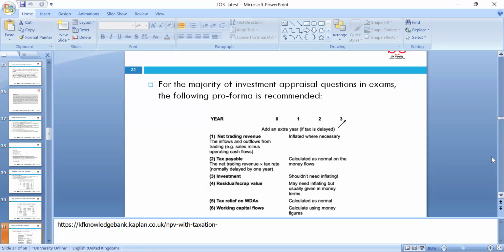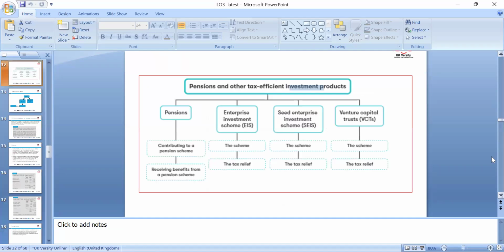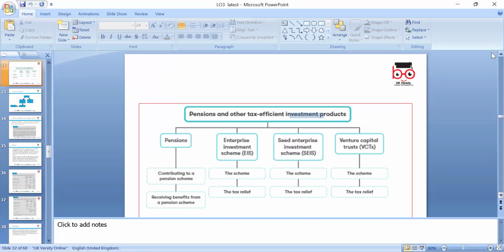So when we have the net trading revenue, inflows and outflows from the trading sales minus operating cash flows and taxable payables, we can look at the investment tax relief, the written down allowance, and any extras we need to plan for planning purposes. Okay, next we look at pensions and tax efficient investment products.